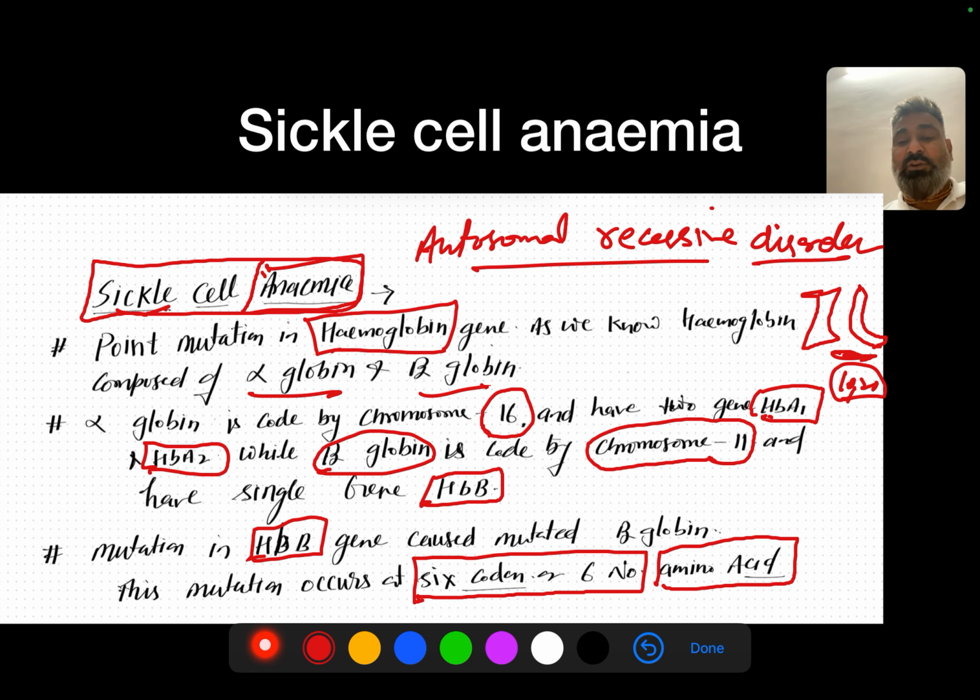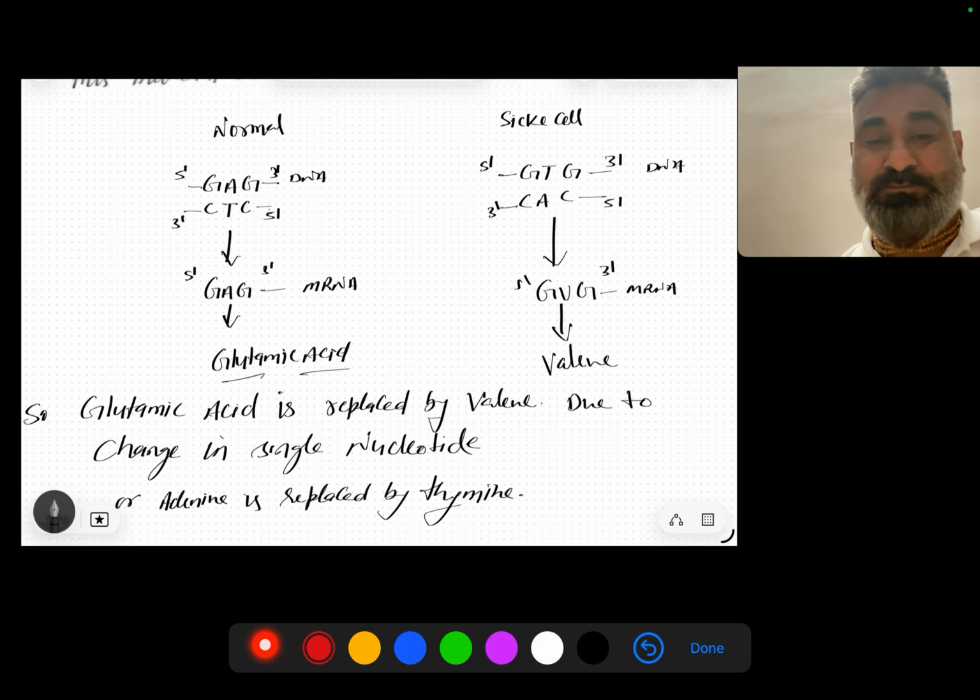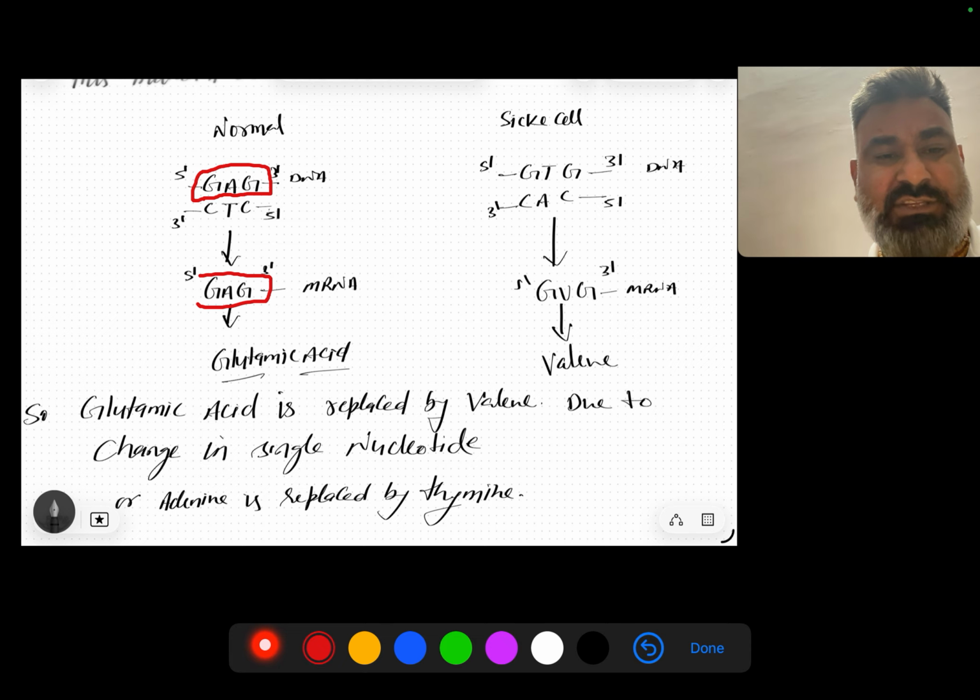Okay. In normal condition, in the DNA, GAG is present, and this produces an mRNA GAG which codes for glutamic acid at the 6th position.